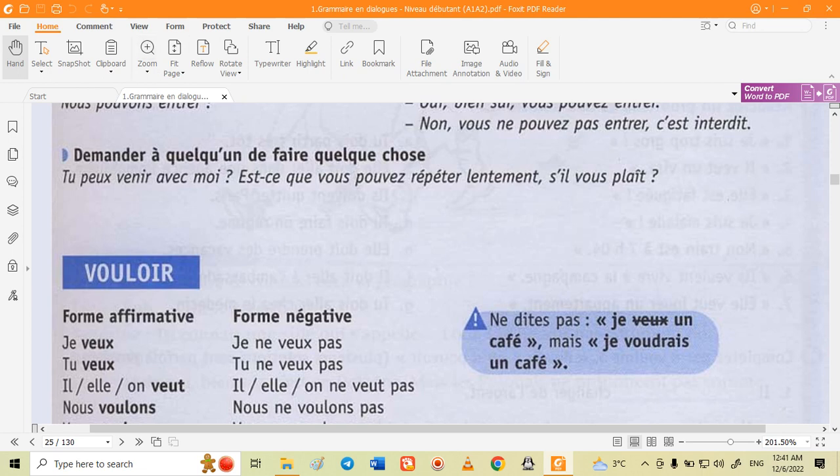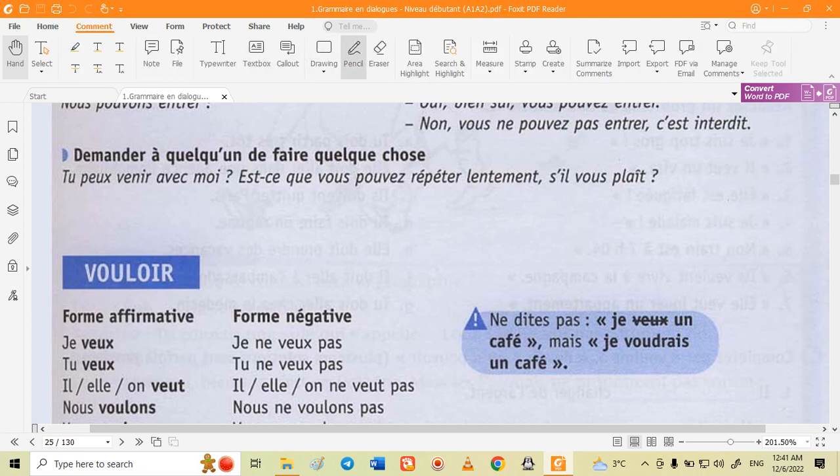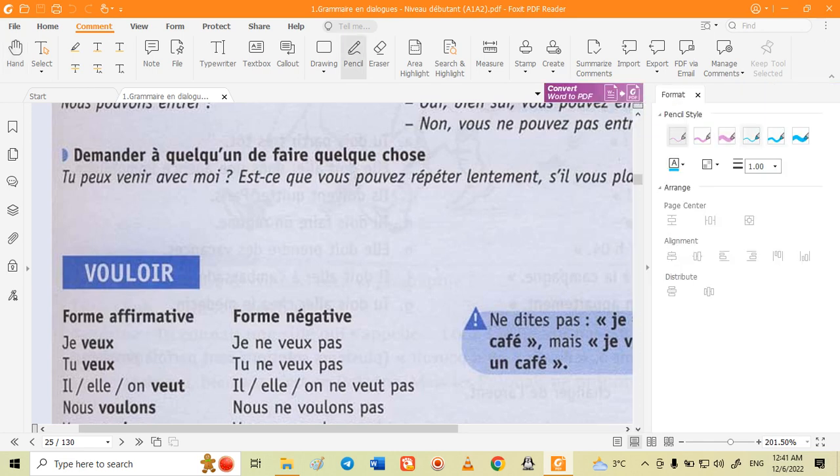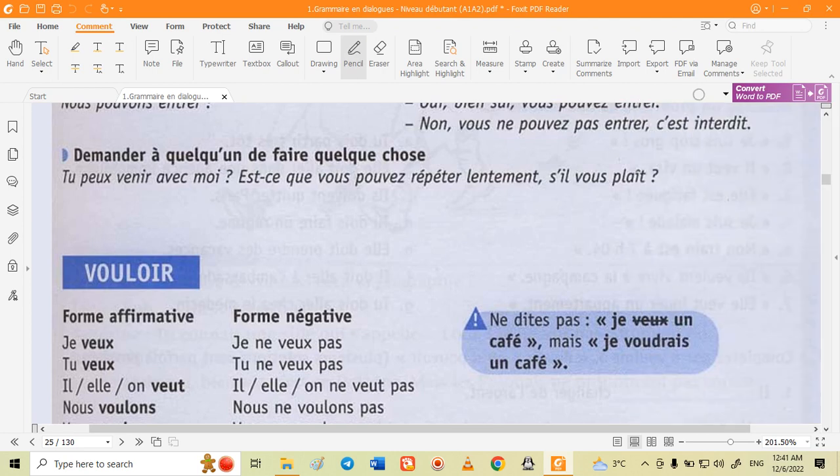Guys, I will write for you here. With this color is better. Lent, L-E-N-T, lent means slow, and for the feminine form, lente. So it is better to write it like that.